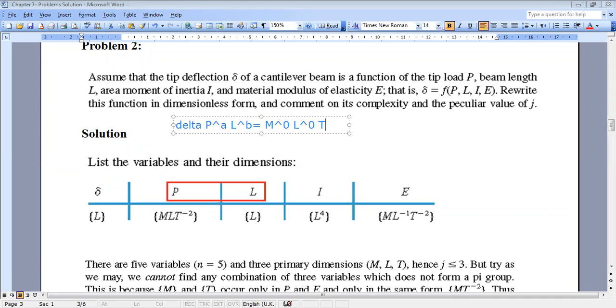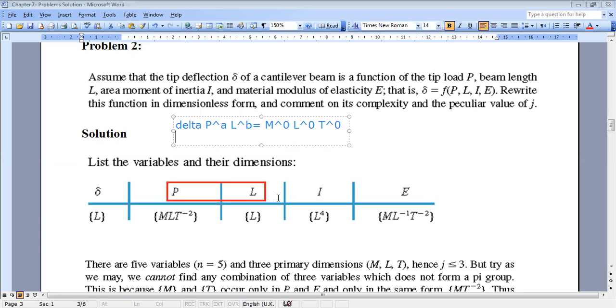Look, delta is L and L is L. So what will be the group, of course? Delta over L. Because if you do L over L, what will be the unit? 1. Okay, so you can do this method and find A and B, but no need to do this because the group is clear. It's delta over L. If you didn't pay attention, you can do the method. Let us do it here, and then you will find the group is delta over L.